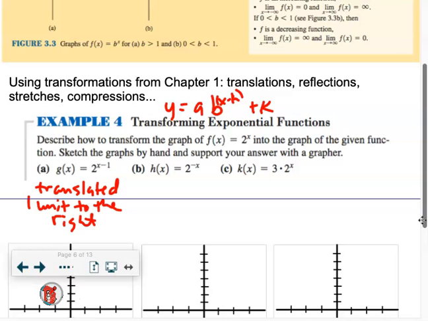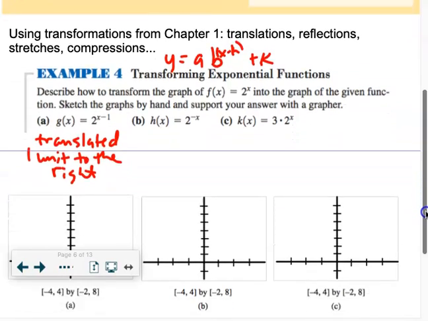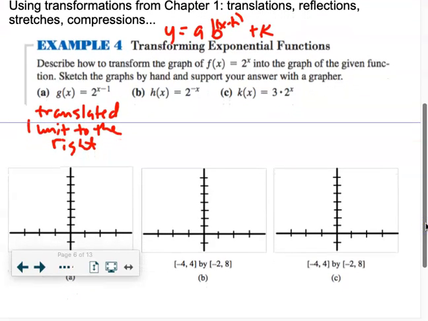So what we would want to do is think about that parent y equals 2 to the x and realize, well, that's going to be 0, 1, 1, 2. If we raise it to the second power, it'll be 4. If we raise it to the third power, it would be 8. Up here somewhere. So here's my parent.